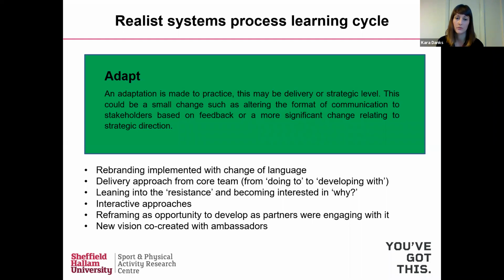And a new vision was co-created with ambassadors. Active Lives as a Way of Life is a co-created vision that was developed at an interactive session with ambassadors. A set of new potential visions were created by the Creative Alchemist, a branding and marketing company we've worked with. And then everyone voted on it. So the one we've got now is the one everyone created.